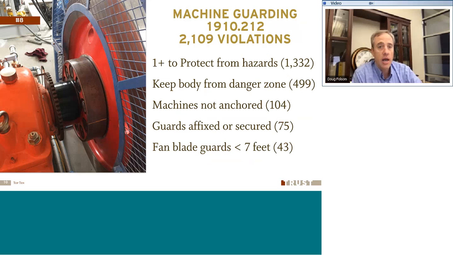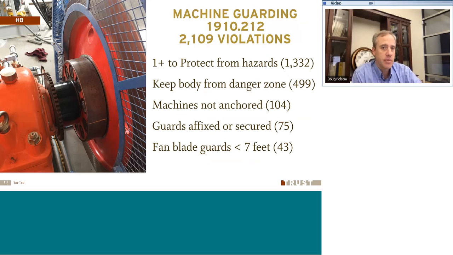One would be not having the appropriate protection from hazards on equipment. So not having one or more guards in place to protect employees from exposure to a hazard on a piece of machinery.